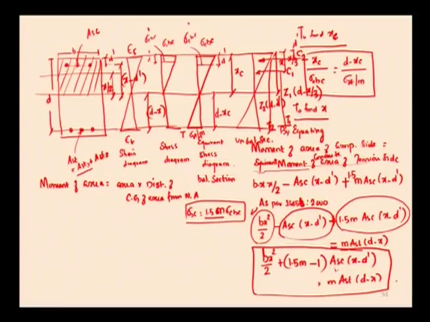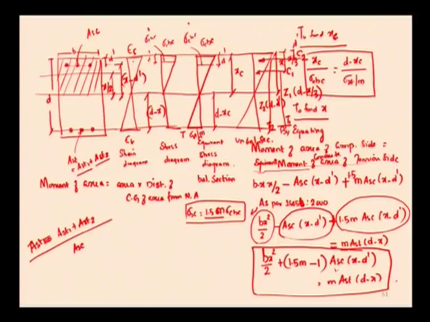AST1 is used to resist the total compressive force offered by the whole concrete area, and AST2 is the additional reinforcement to compensate the area of compression steel. So, in this case we need to find out AST1, AST2 and ASC. So, total AST is AST1 plus AST2.